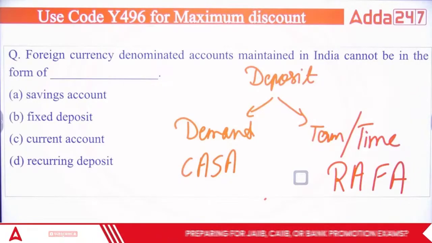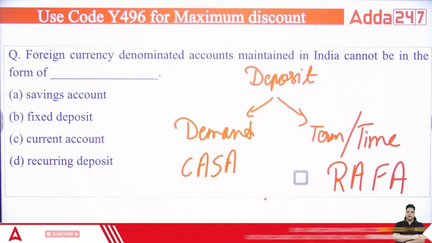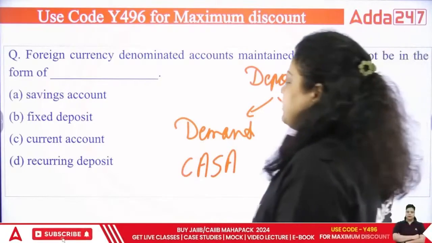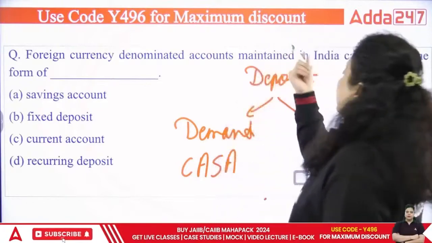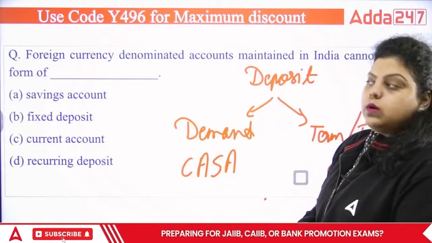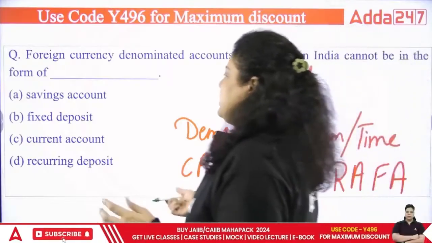So which of the following will be the right answer, A, B, C or D? You can open CASA RAFA accounts in NRE and NRO, but that is your Indian rupee account, opened by NRIs or PIO.